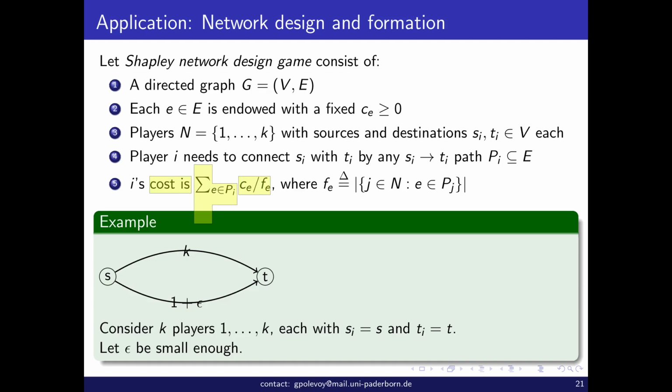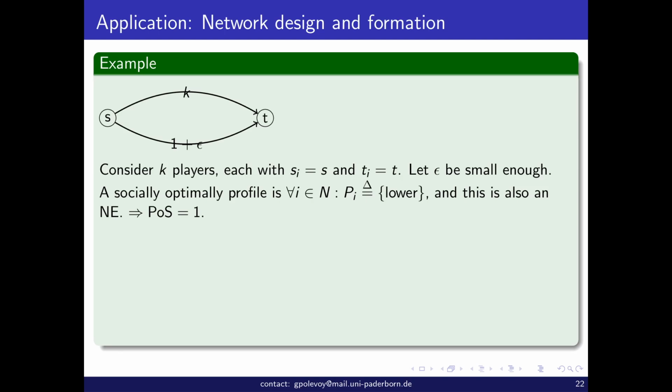So that's a game. Now, a social optimum profile. A strategy profile is basically a profile of which path each player chooses. A socially optimum profile is that each player chooses the path below, and then the total cost is going to be 1 plus epsilon.